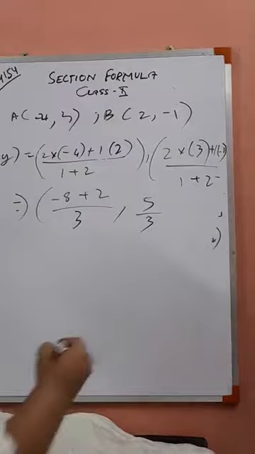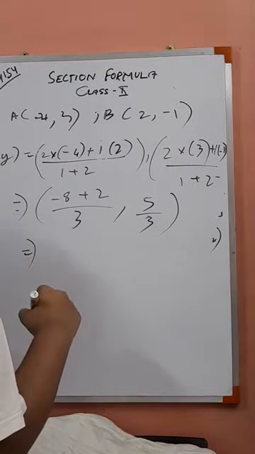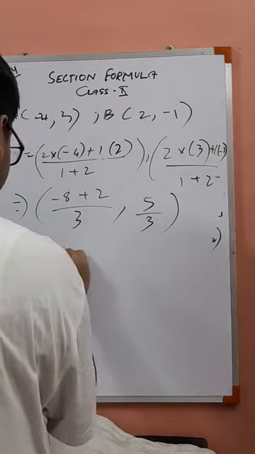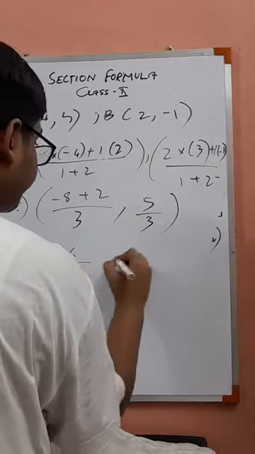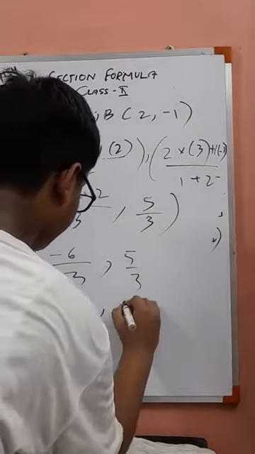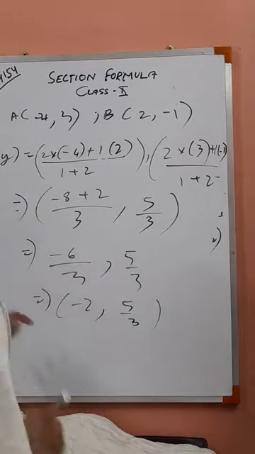Yes. Now it will be further simplified to minus 6 by 3 comma 5 by 3 is equal to minus 2 comma 5 by 3. So this was the answer for this question.